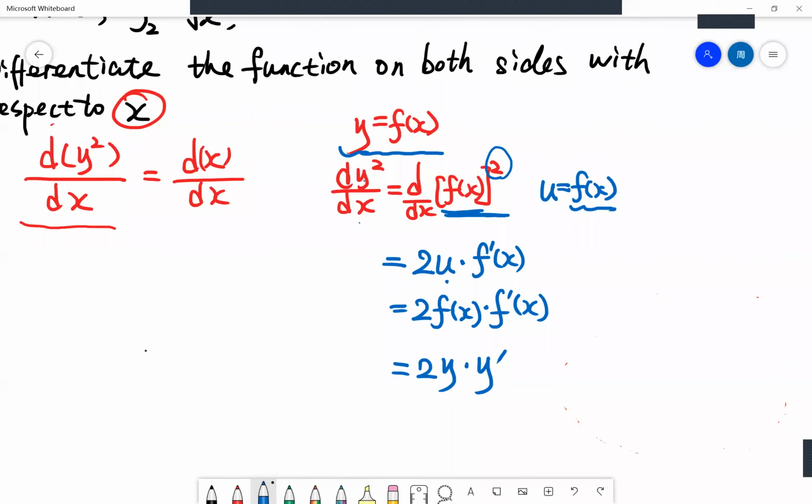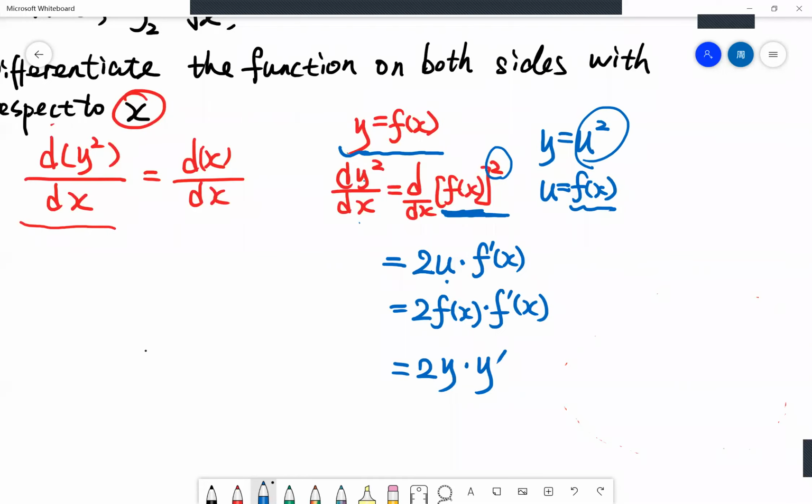So if we want to find the derivative of f of x squared, it is a composite function. That means u equals f of x and y equals u squared, right? So dy squared by dx equals d of 2u outside.